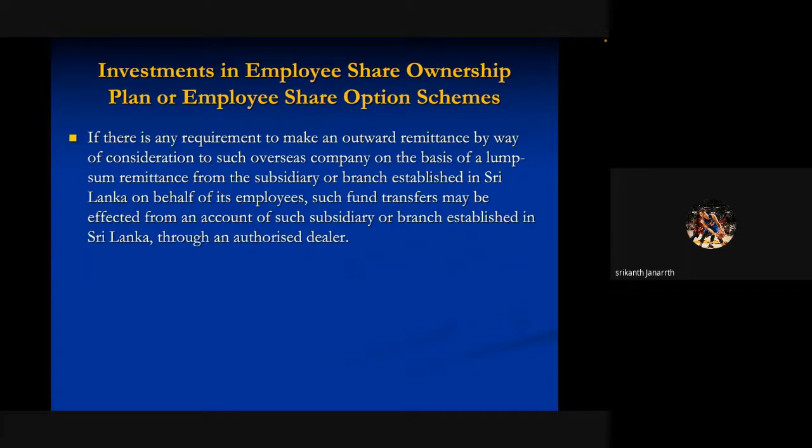They can remit money, so that is permitted. This is again under the outward investment account, a separate section called share option scheme. Under the share option scheme, the subsidiary, the WNS branch in Sri Lanka, can remit money on behalf of all employees. Let's say there are 100 employees working in WNS in the Colombo branch, right?